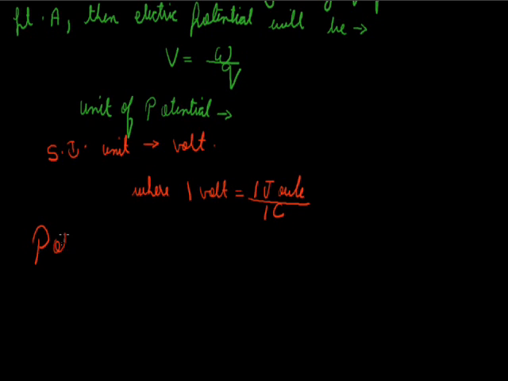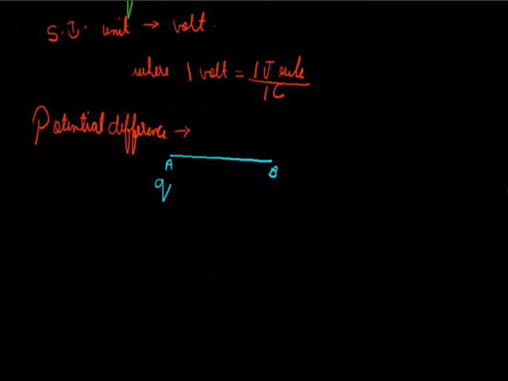Means if we consider a point A and a point B and the charge is kept at point Q, we have to take this charge from point A to point B. For that, we have to do some work. That work done per unit charge gives us the potential difference.